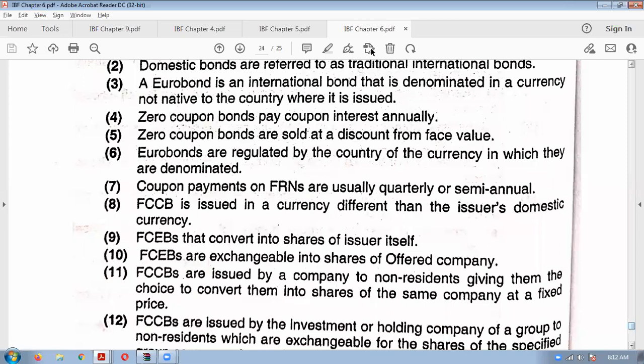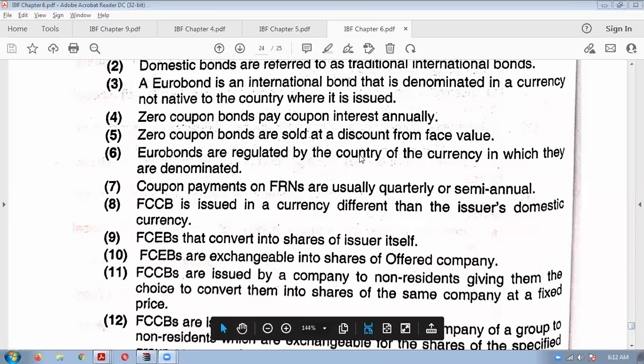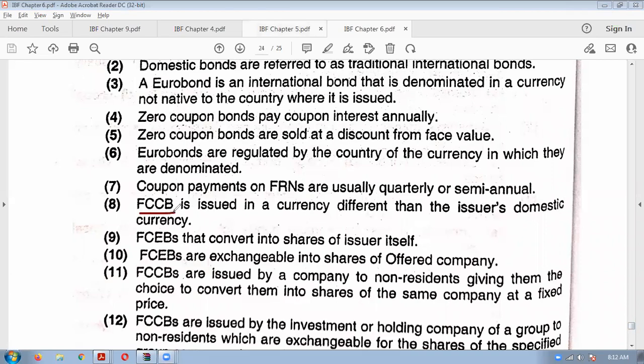Yeah. Now two terms are there that you also note down. FCCB means foreign currency convertible bond. FCCB means foreign currency convertible bonds, and FCEB means foreign currency exchangeable bonds.